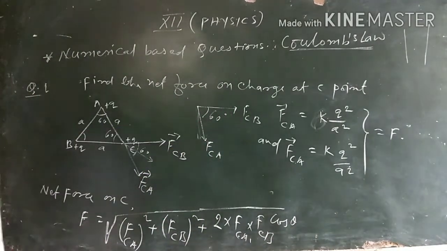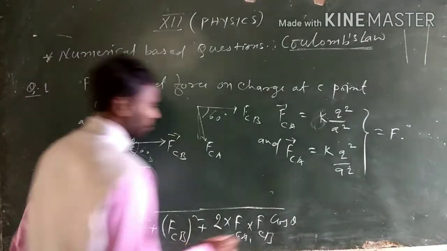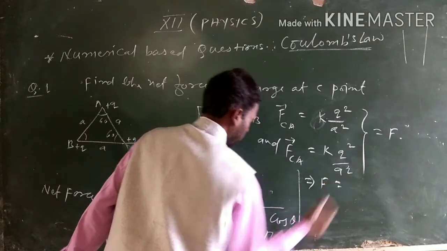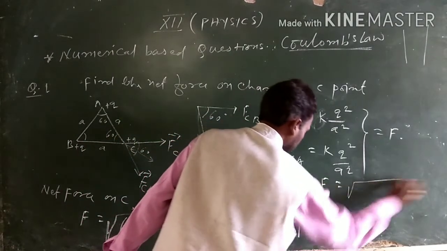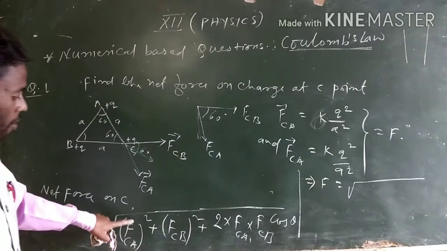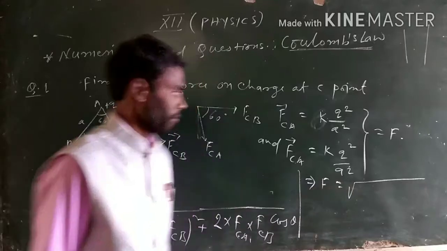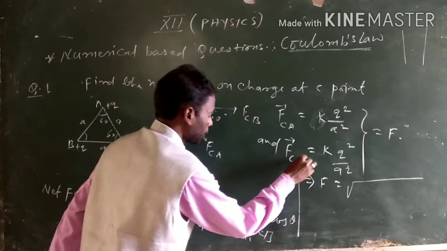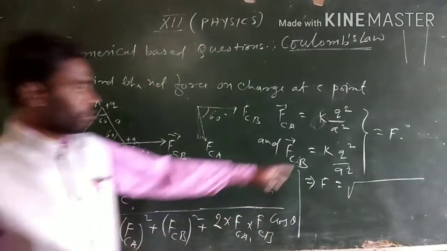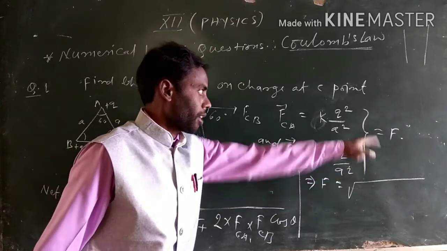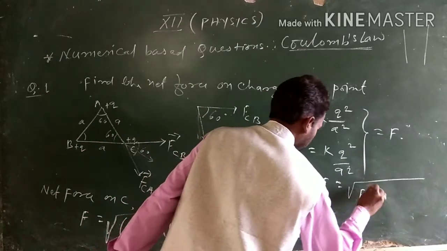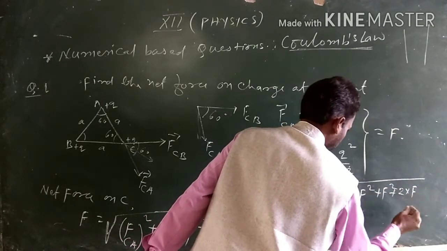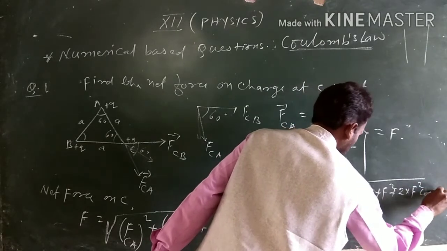Here the value of theta is 60 degrees. So F is equal to root over F_CA squared, which is F squared, plus F_CB squared, which is K Q squared by A squared, that is F squared, plus 2 F squared cos 60 degrees.